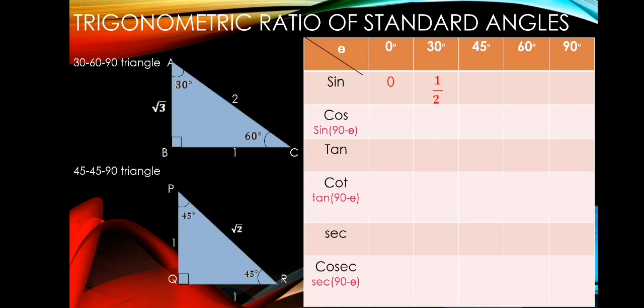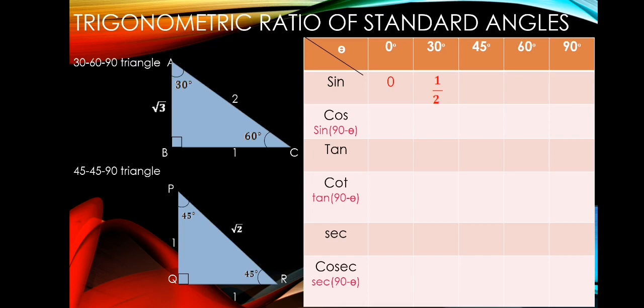Are you getting me? If we coincide hypotenuse AC to the base BC, then the angle between them will be 0 degree, and the measure of side opposite to 0 degree is 0. So sine theta will be 0.